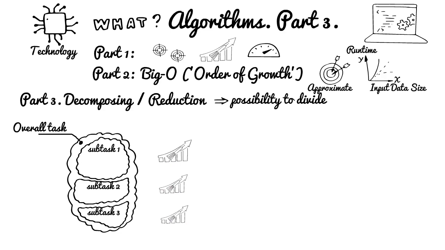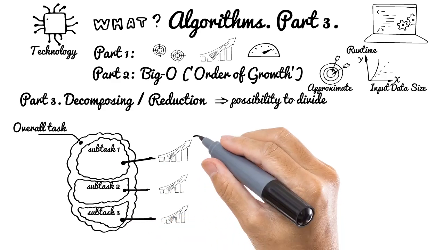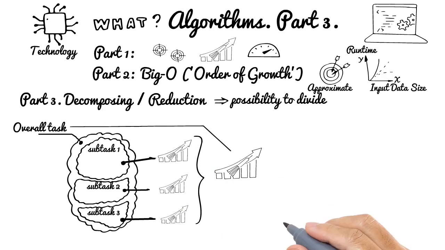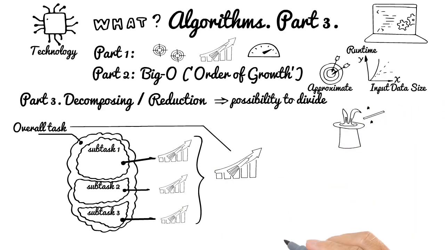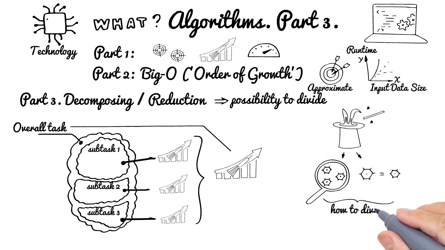Or maybe you are dividing tasks into subtasks, already knowing how to effectively solve each subtask. If each part can be solved the most efficient way, then the overall task will be solved the most efficient way as well. The only tricky part is to find patterns, similarities, to see how to divide the overall task into subtasks, which might not often be so easy.